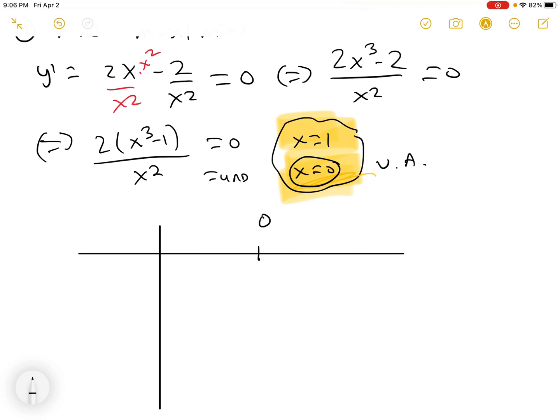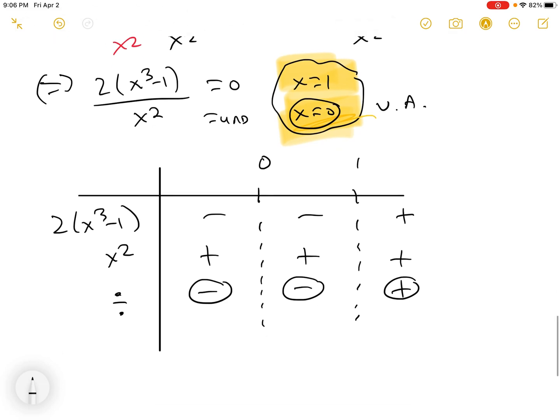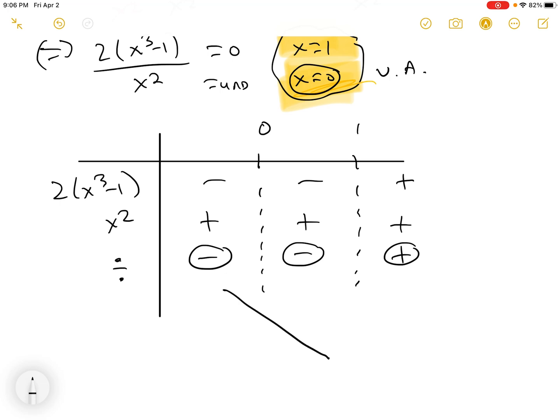So we have 0 and 1. I have 2 times x cubed minus, oh, the x squared fixes that. Alright, so nonetheless, we're going to be complete here. That's positive everywhere. X cubed minus 1 is positive to the right, negative elsewhere, so it's negative, negative, positive. So it's decreasing along here and increasing along here.